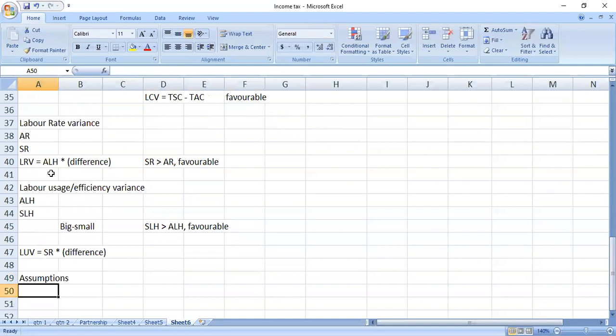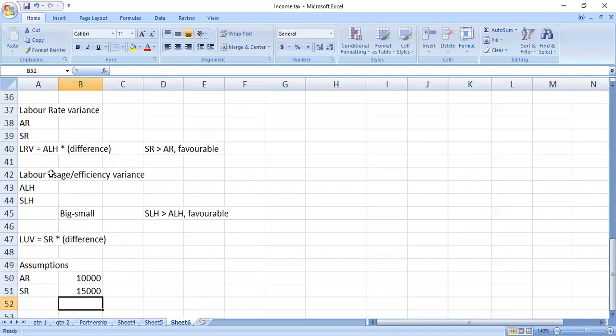Now I'll say if my actual rate in terms of labor, we're looking at labor, yeah? If my actual rate is maybe just 10,000, and then your standard rate is actually 15,000, right?